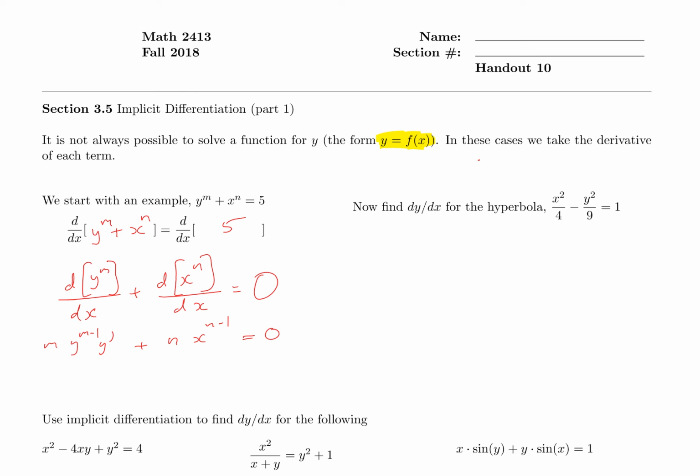And so the next step is to solve the function for y prime. First you move this guy over, like this.